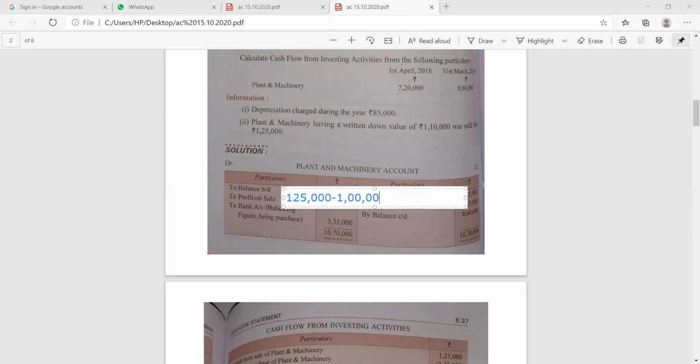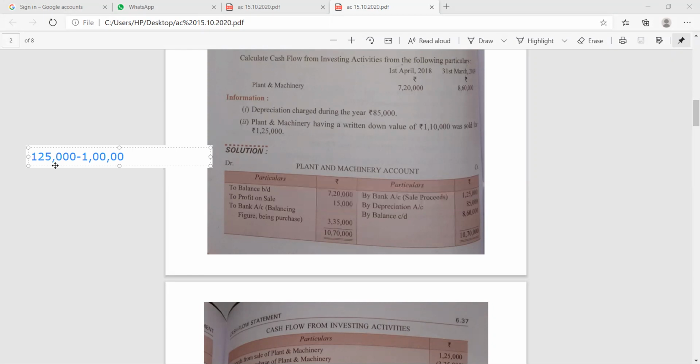If we deduct this amount, 1,25,000 minus 85,000 first. That is the depreciation. And you will get the balance.